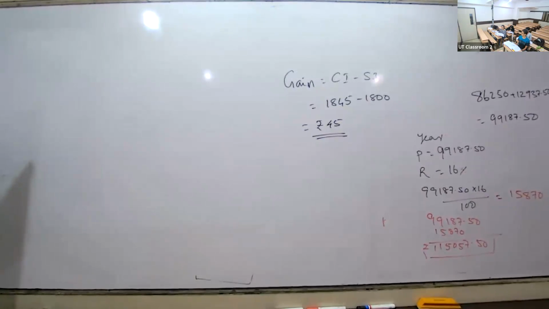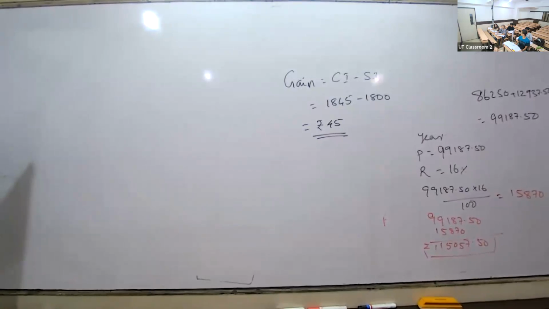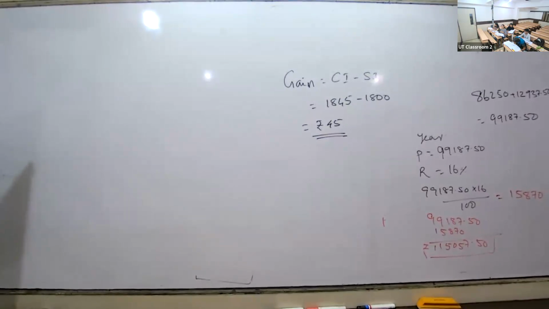Okay, done now. So what is the interest of the first year? Interest 320, amount 4320.